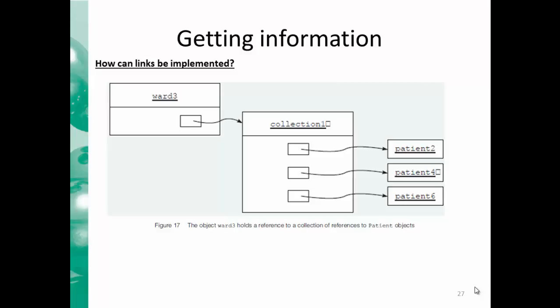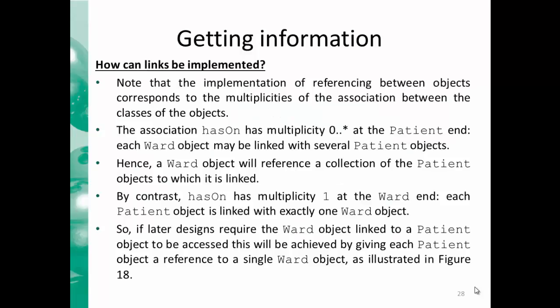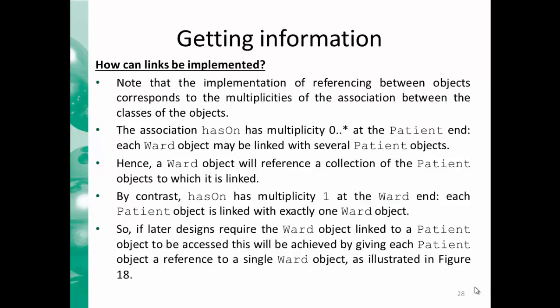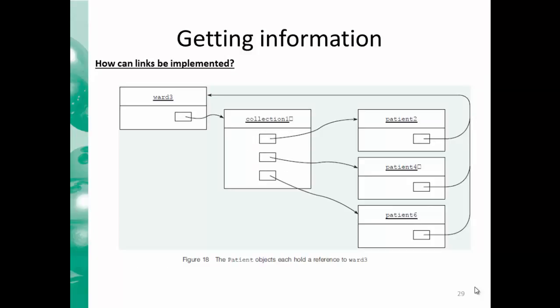They are patient 2, 4, and 6. This link is implemented based on the multiplicities, and in our case the collection of patients can be 0, meaning you have no patients in the word, or you have a number of patients in the word depending on the capacity of that word.